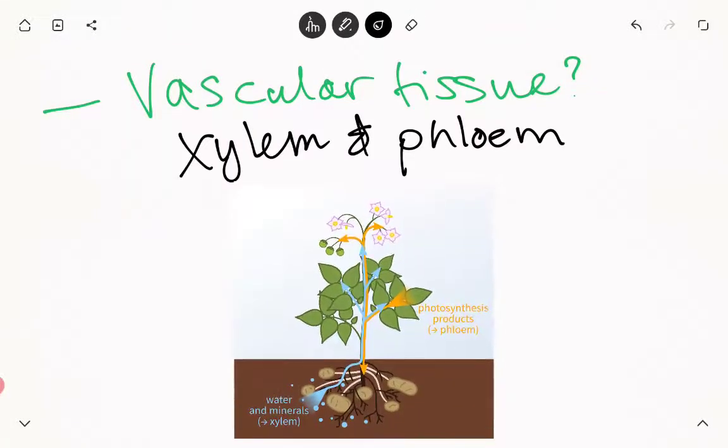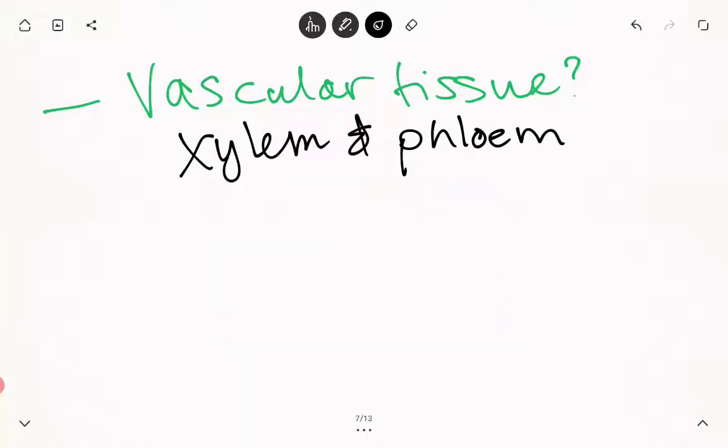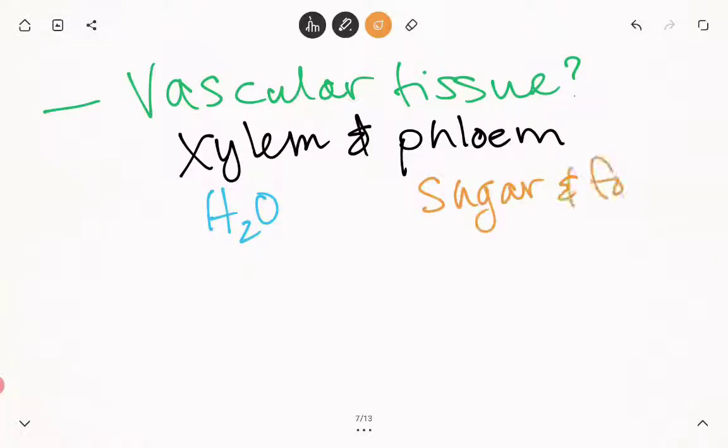And these are just vessels that are carrying material around the plant, just like our circulatory system, our vascular tissue is moving blood around. Xylem in plants carries water and minerals, things like that. Phloem in plants is carrying mostly sugar and food. Okay, so that's our first question. Does it have vascular tissue, yes or no?